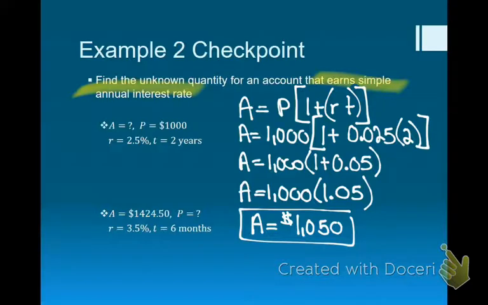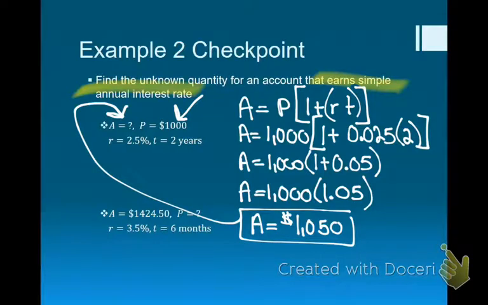So let me ask you this. Now, the problem is not going to ask that, that's not the answer to the problem. But we can use this information. If A is 1,050 and my P was 1,000, how much money did I make in interest?